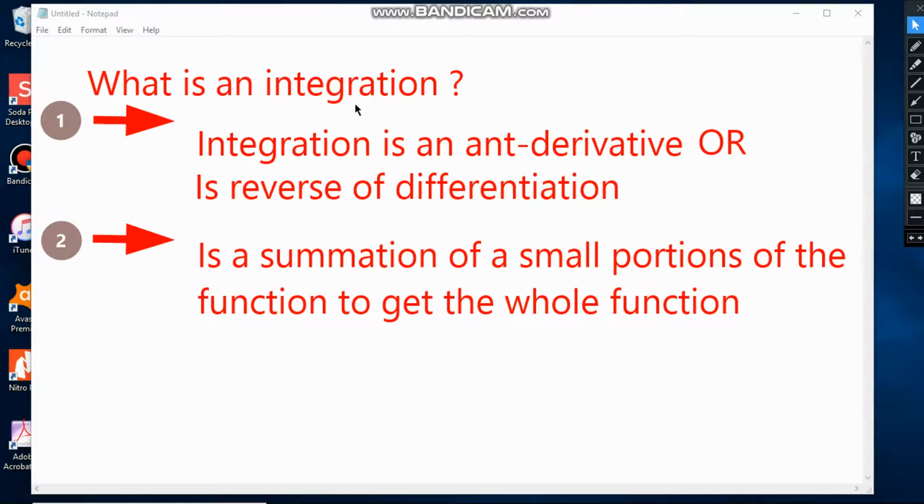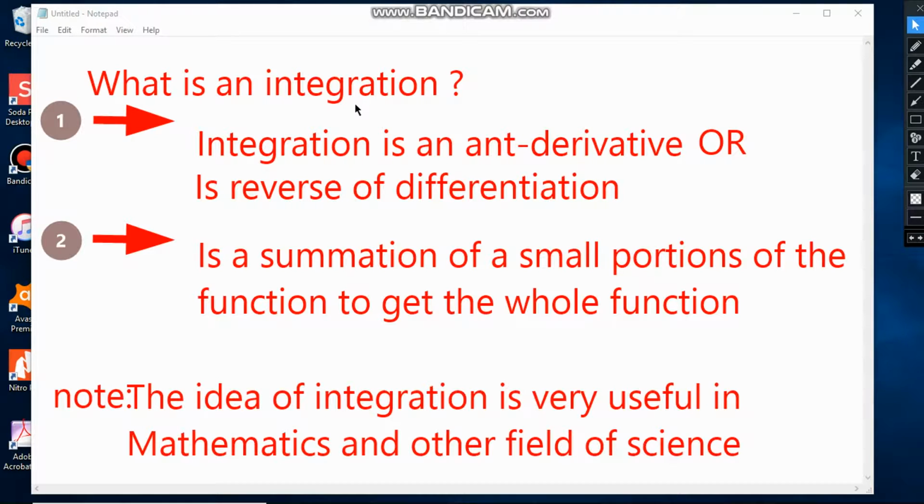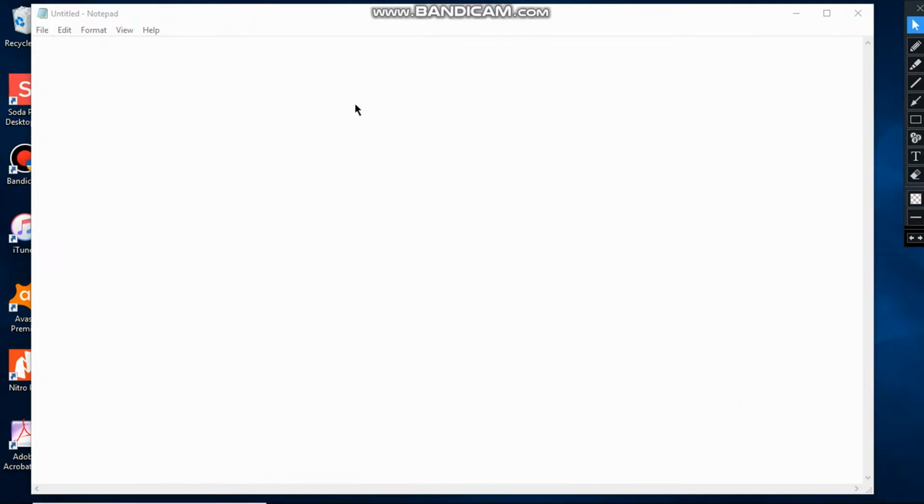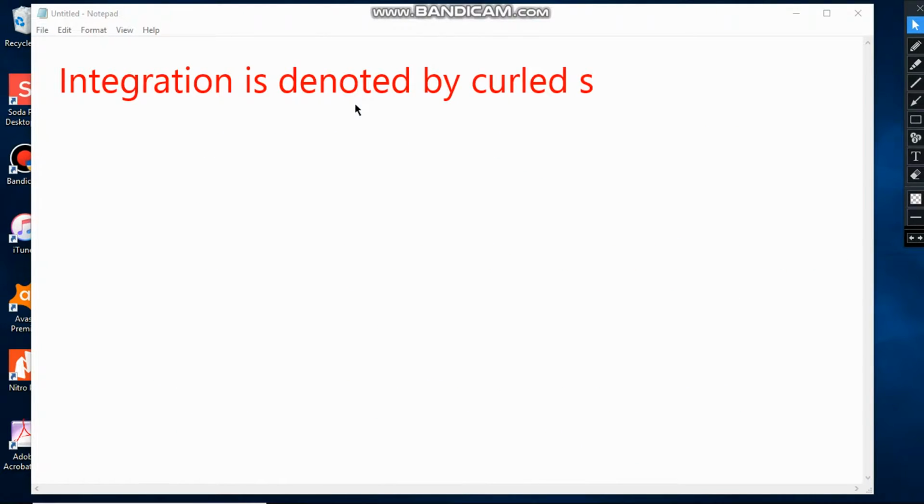Note, the idea of integration is very useful in mathematics and other fields of science, like in deriving physics formulas. Integration is denoted by the curved S. Consider this basic understanding.